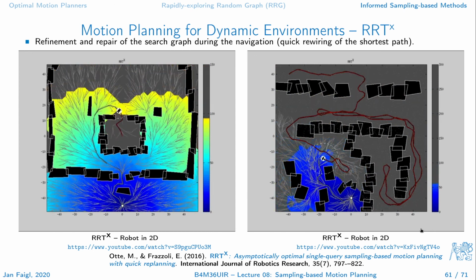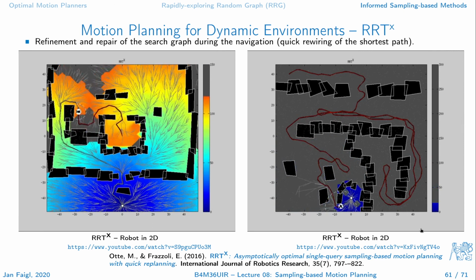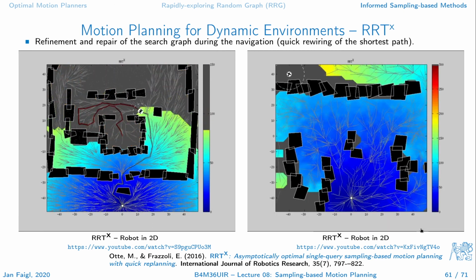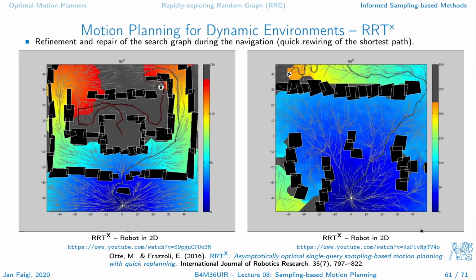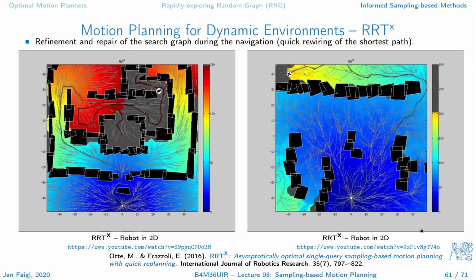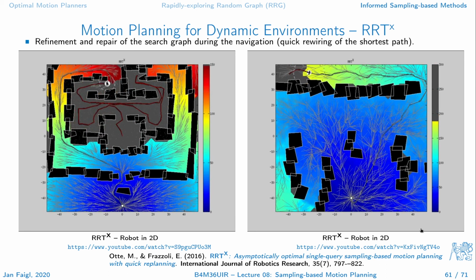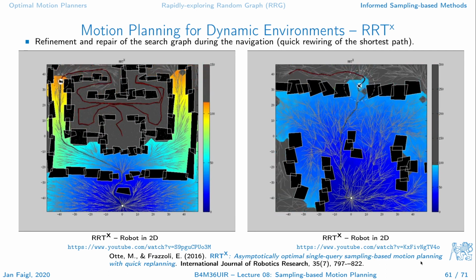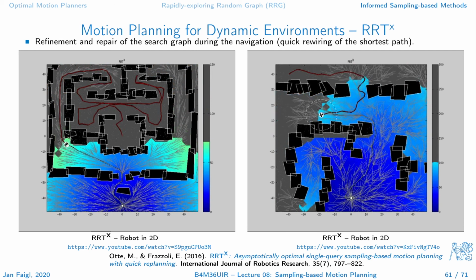So this is RRTX. You should be aware that there exist some techniques that may help solve my problem when I am deploying the robot in an environment which may change before I finish the planning and execute the trajectory.